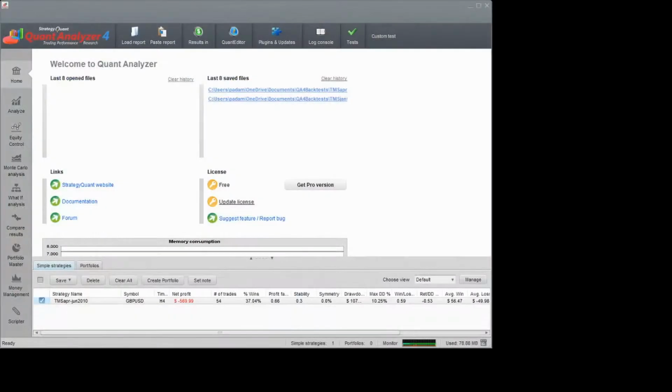So what I did was I have this program called Quant Analyzer 4, and I put that in there, and what I'm going to look at now is what it actually looks like when I add another one of the strategies.